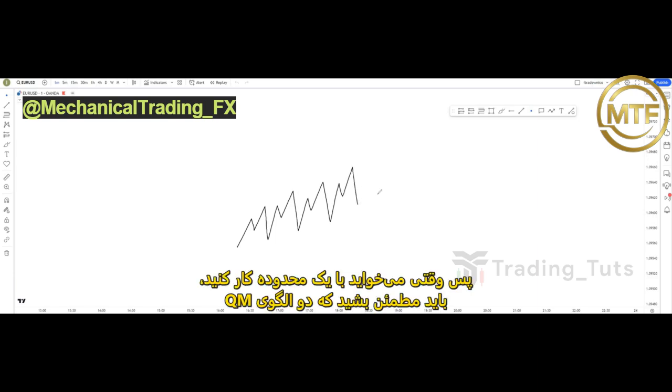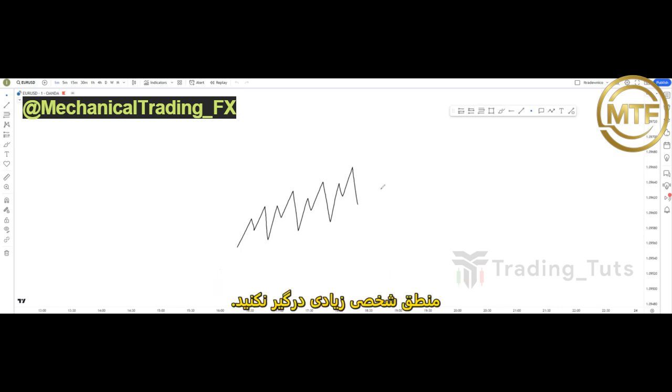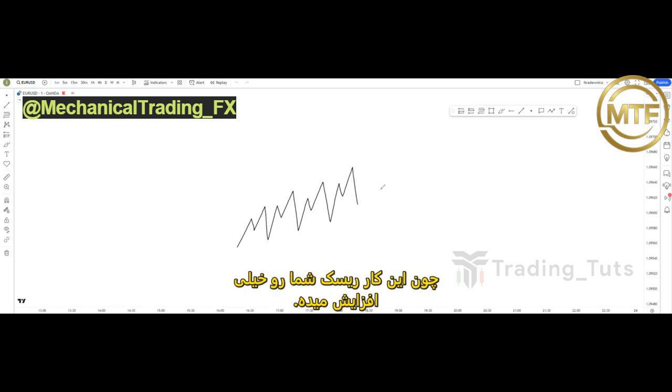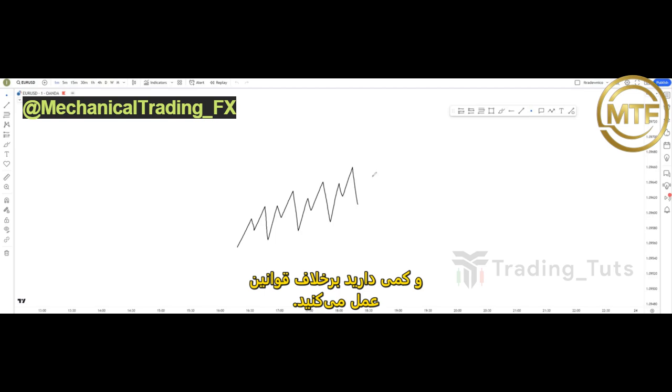So when it comes to approaching a range, you want to make sure that you have two obvious QM. Try to look only for the textbook setup. Don't involve too much logic when you do your analysis, because this will increase a lot your potential risk of doing a wrong analysis, because you're trusting yourself. You're going a little bit against the rule.